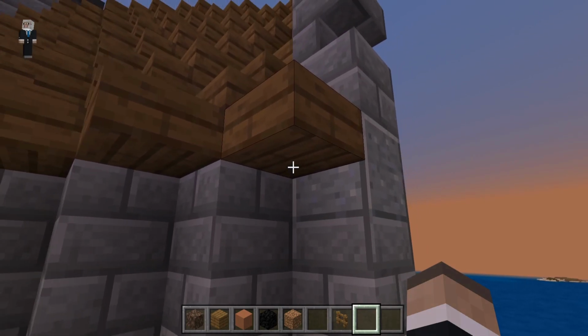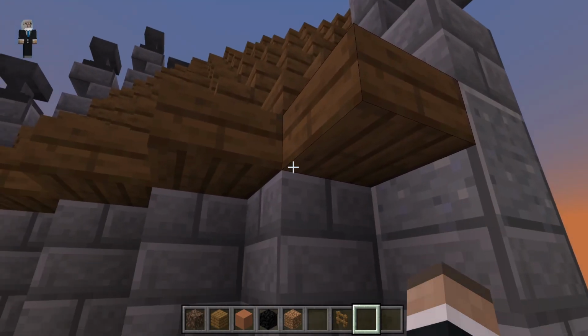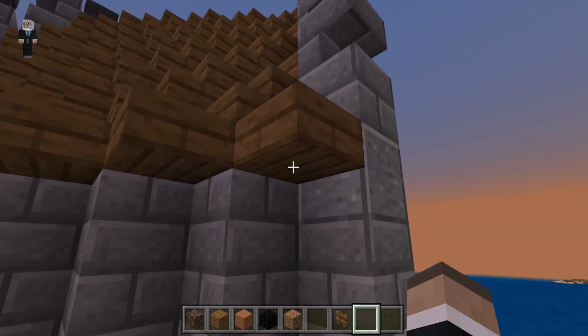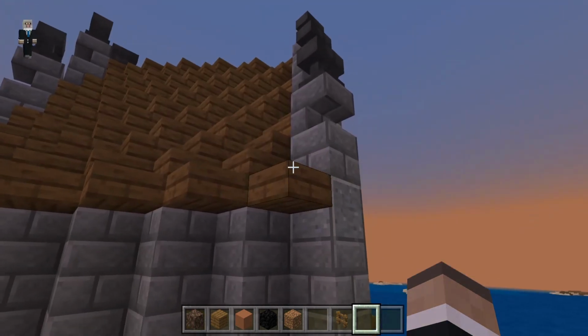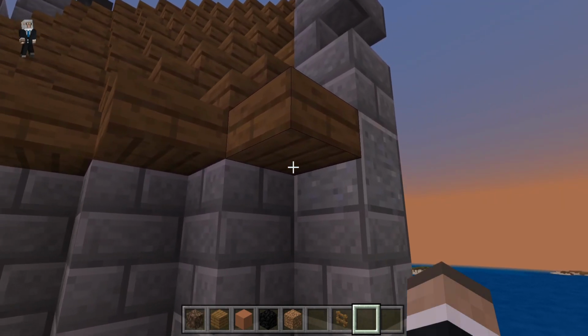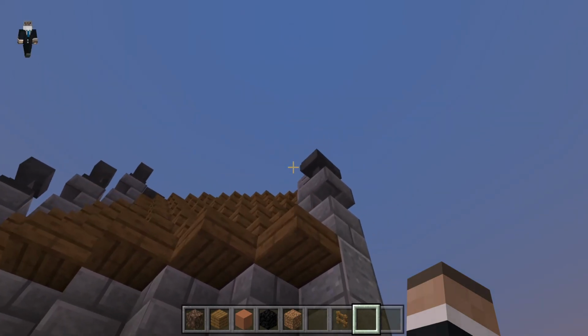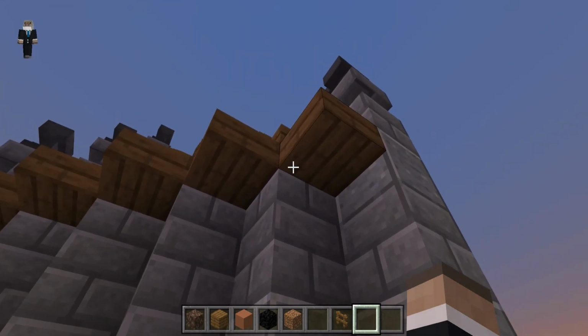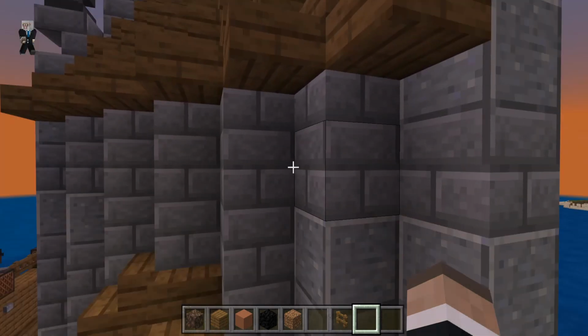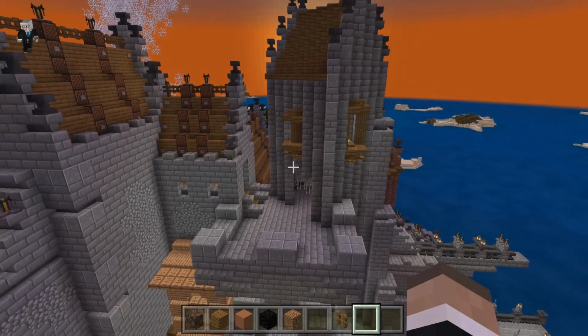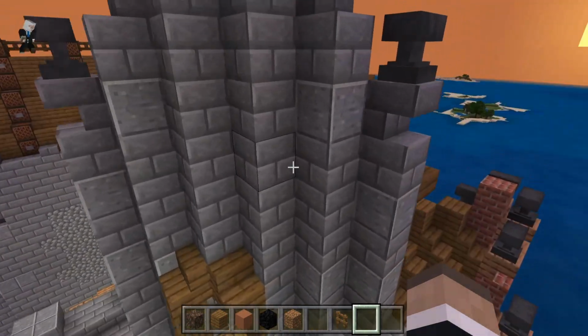This is like, let's see, square root of 2, like 1.3. I don't remember exactly, but like 1.33 blocks or whatever of depth. So this is under 2 blocks of depth. And right here, this is basically 0 blocks of depth. So it goes between 1.33 blocks of depth to like 0. So this has almost no depth on it.